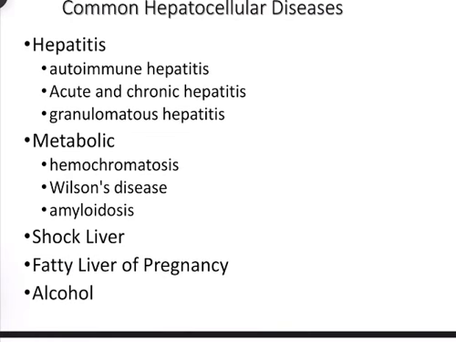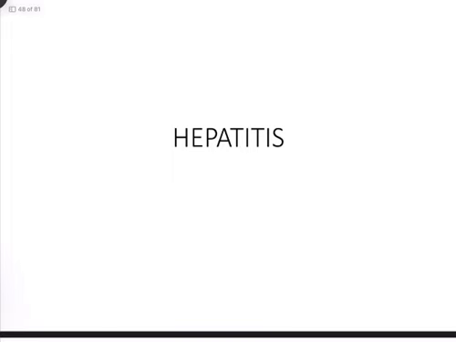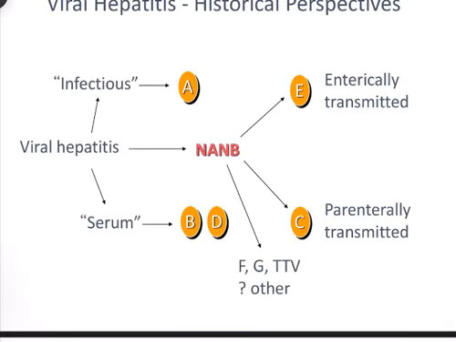The shock liver, fatty liver of pregnancy, and alcoholism can be related to hepatocellular disease. So next to be discussed is your hepatitis. This part will mainly cover the viral hepatitis.